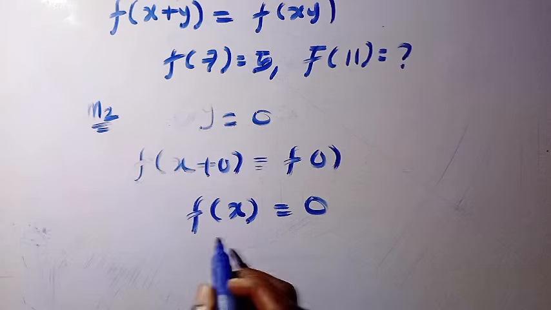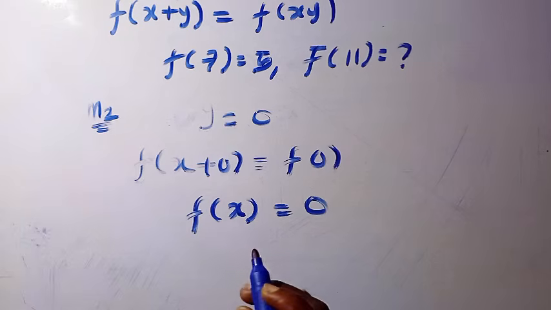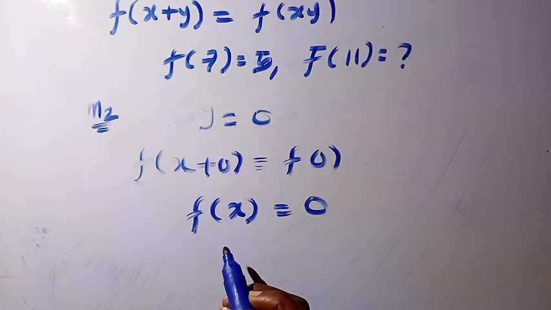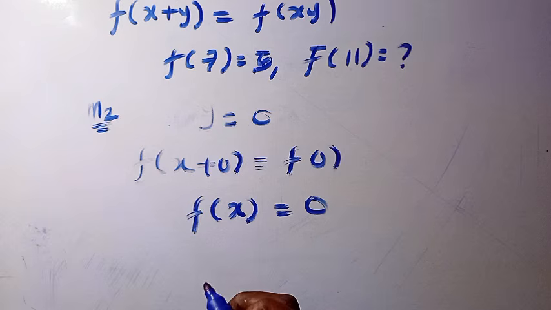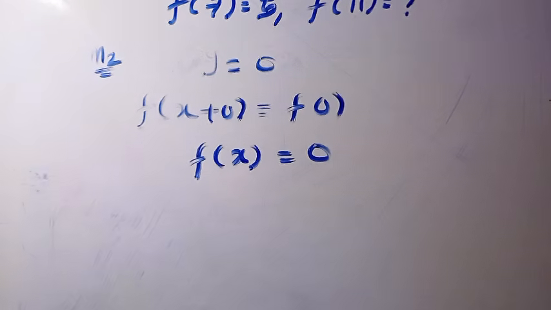And we are going to conclude that f of x equals 5 because f of 7 is given as 5, which is a constant value. Another way we can test for this is to restrict the value of x and consider only the positive integers.